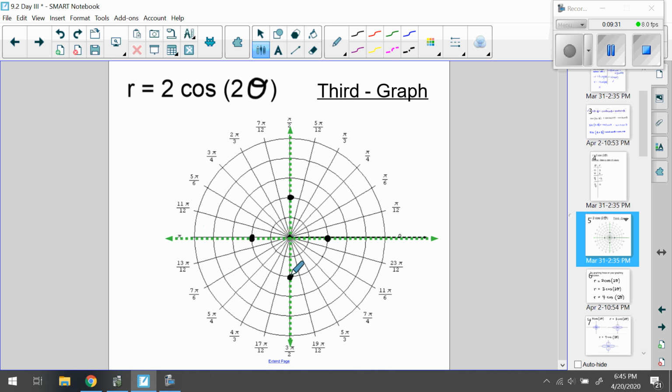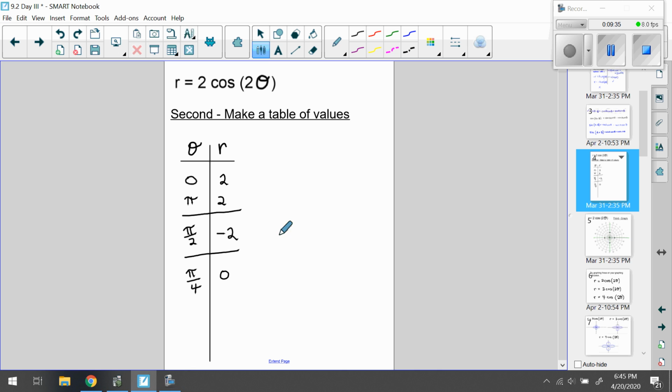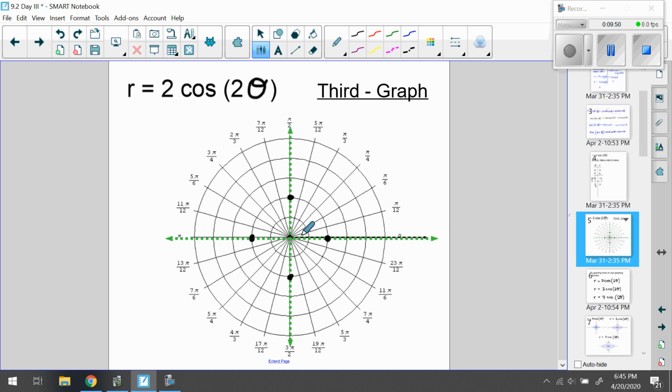I'm thinking that if I did 3 pi over 2, I would have gotten -2, so I would have gone backwards. So the point over here, 3 pi over 2, gives the same value as pi over 2. Okay, so that takes us back to our pi over 4, which I do believe is 0 this time. That one is correct. So that gives me a point here after all.